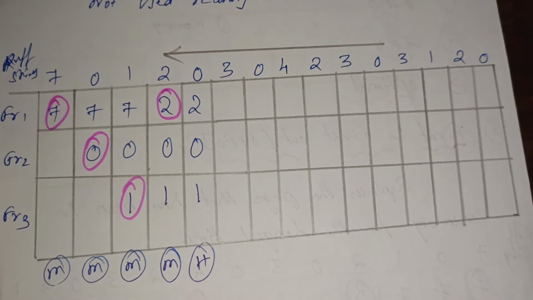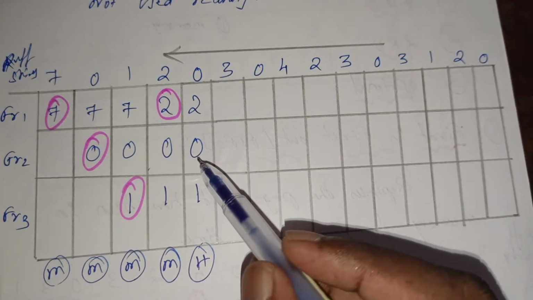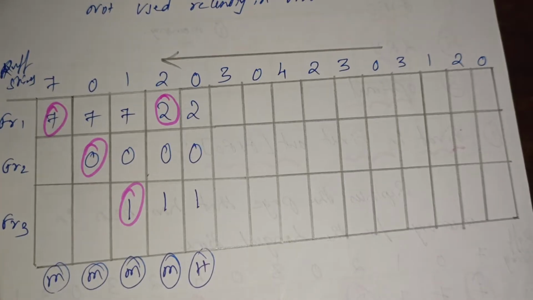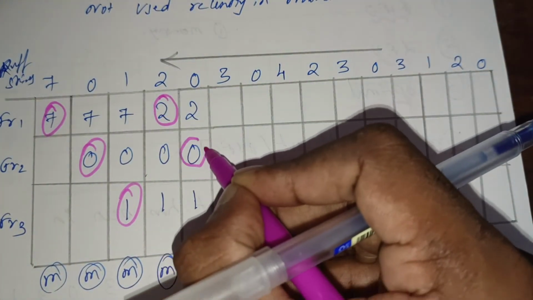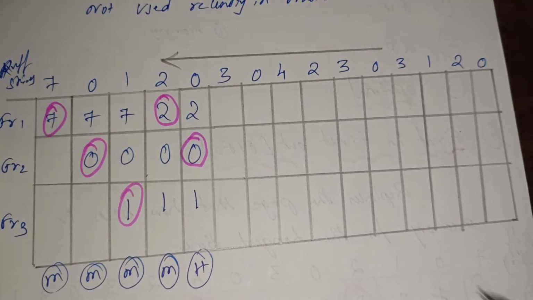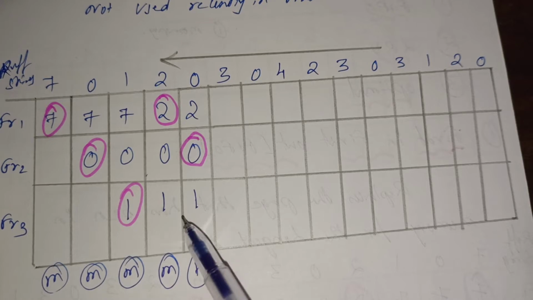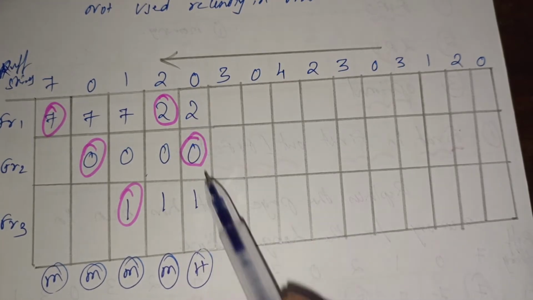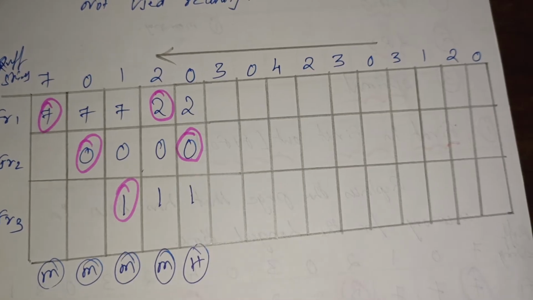Now again we are going to check. 3 is coming inside and we check which is not used recently. 2 is used recently, so I am going to mark this also. 0 came inside recently, so we cannot compare 1 and 0. Why? Because 0 is a hit here. We are going to mark that also because it is used recently, requested by the CPU recently.